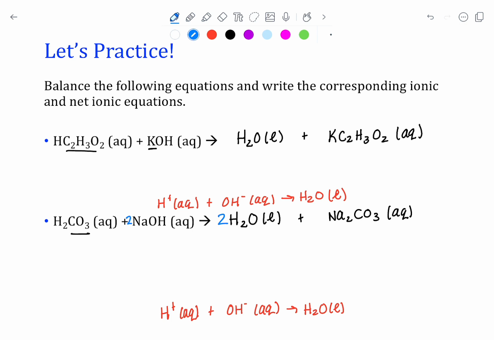You're going to need to have that completely mastered if you want to fully understand this lesson and the following lessons. Okay, so our ionic equation for this first one is going to be H+, plus my acetate ion.